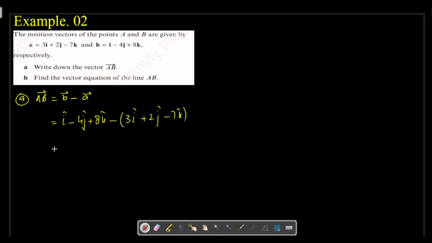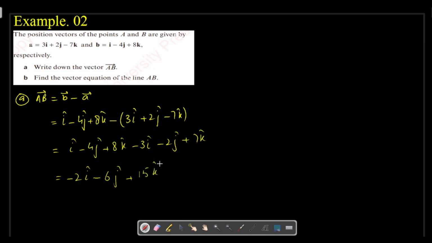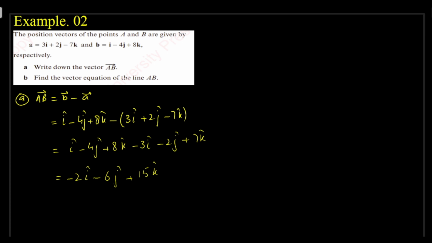Expanding the second bracket, we get i minus 4j plus 8k minus 3i minus 2j plus 7k. Now combining the like components, we get i minus 3i, minus 2i, minus 4 minus 2, minus 6j, and 8 plus 7, 15k. So this is the required AB vector in this case.